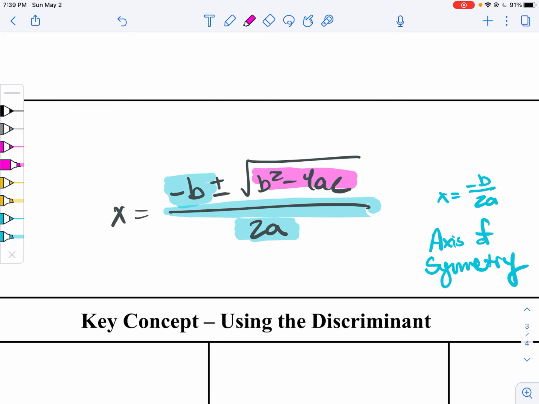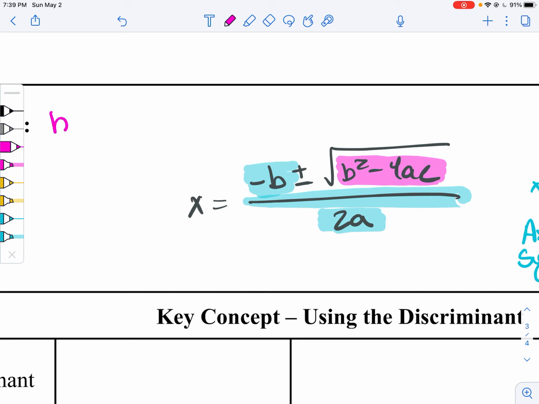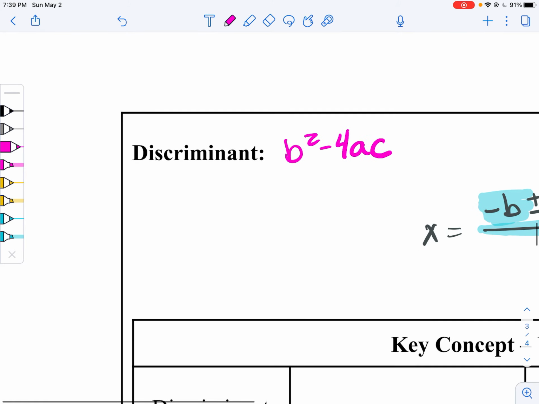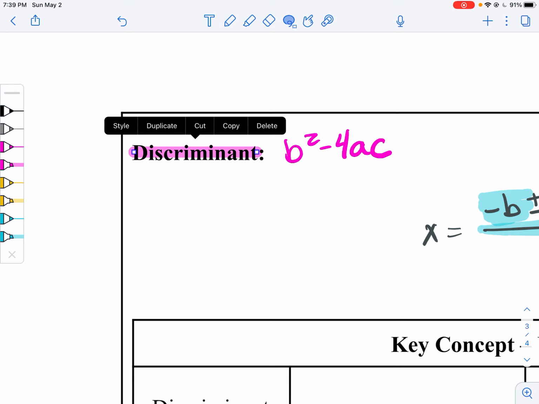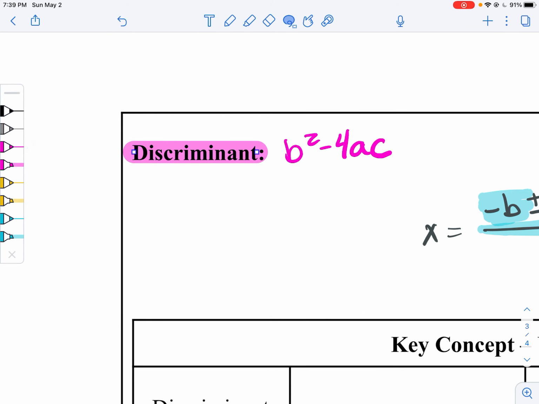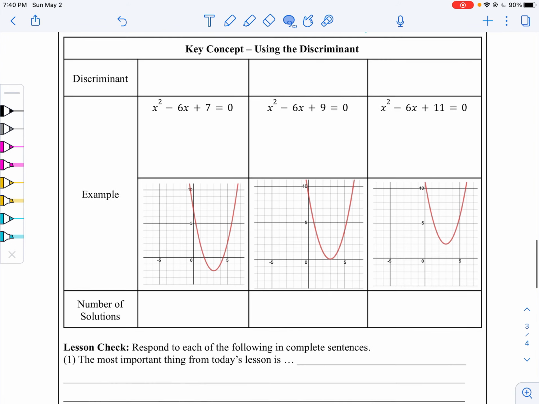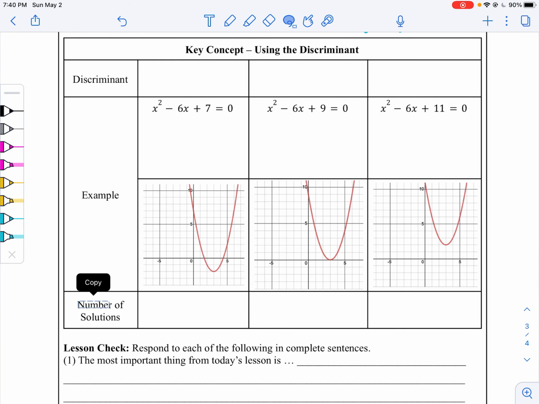Just this part. b squared minus 4ac is a special value that we call the discriminant. And the discriminant comes in clutch when you want to find out just how many solutions your system has without actually doing hard work. It's the shortcut for finding the number of solutions down here.